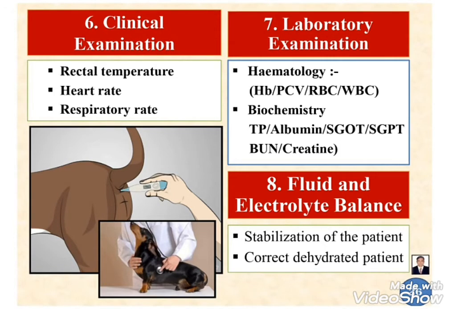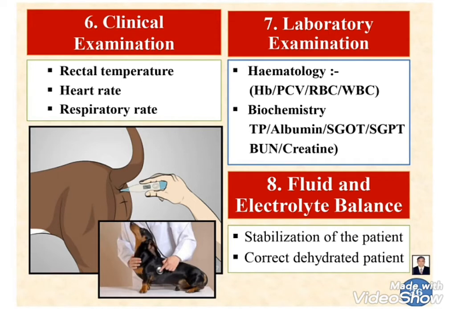The following laboratory tests provide basic information regarding fluid balance status, hepatic and renal function, the nutritional status of the animals, and even the oxygen carrying capacity of the animals.